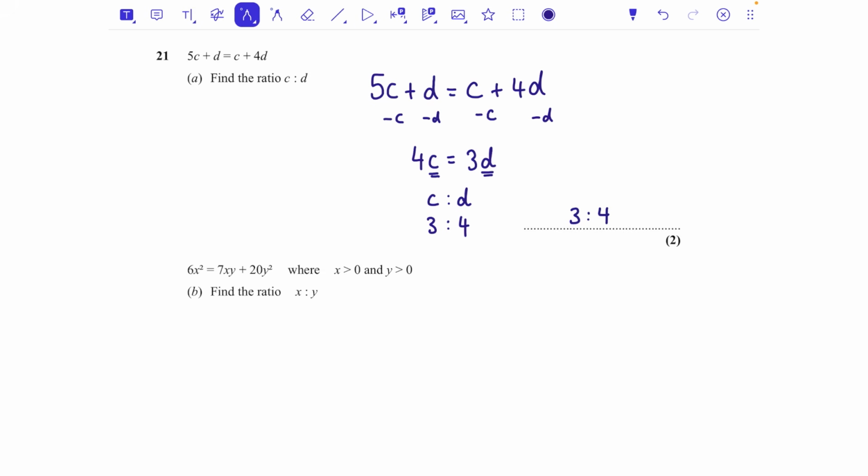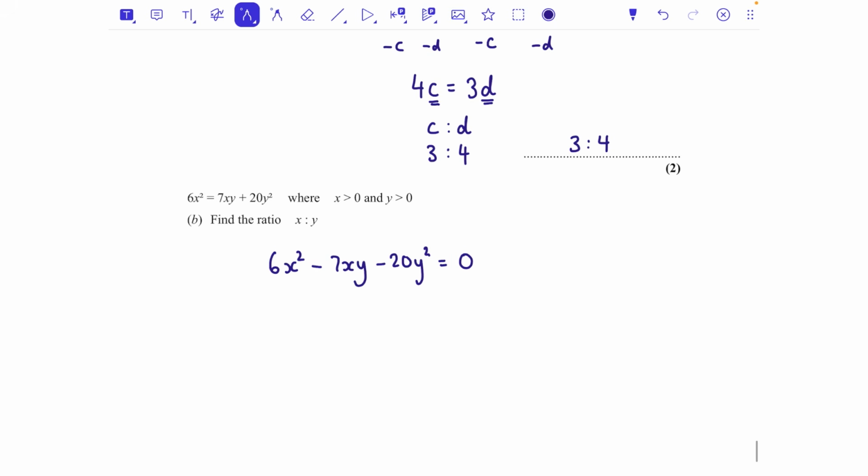Now, this last one, I'm going to take it all over to one side so I can factorise it. So 6x squared minus 7xy minus 20y squared, and say that equals 0. I'm going to factorise it by splitting the middle.